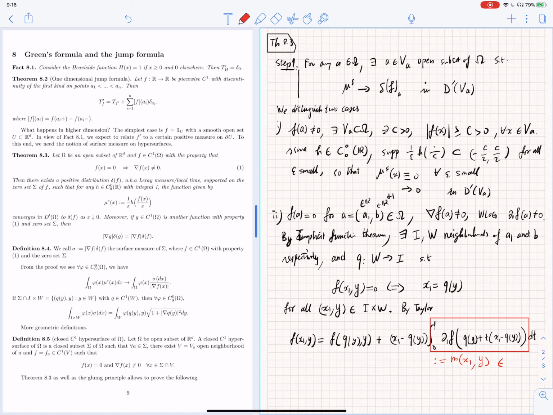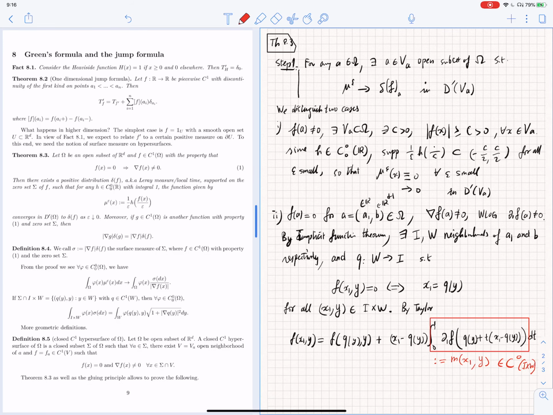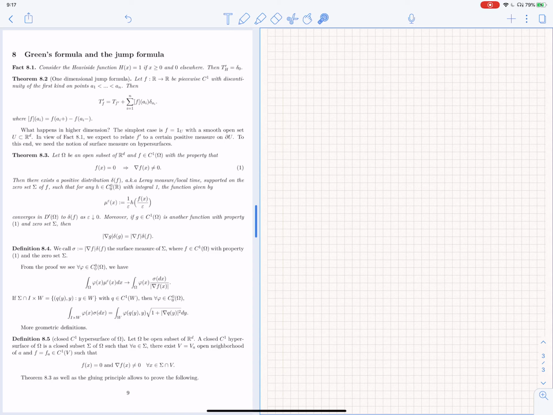This function is continuous because f is a C1 function, and it is continuous on I times W. So we can plug this expression into the definition of our mu epsilon and try to show that there is a convergence, that there is a limit. This is what we're going to do next.